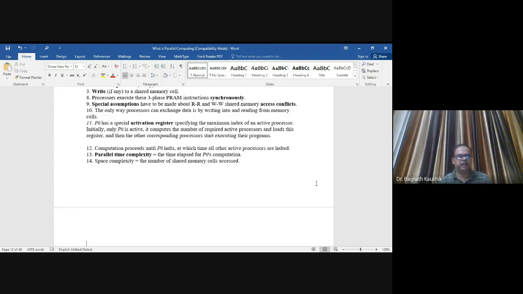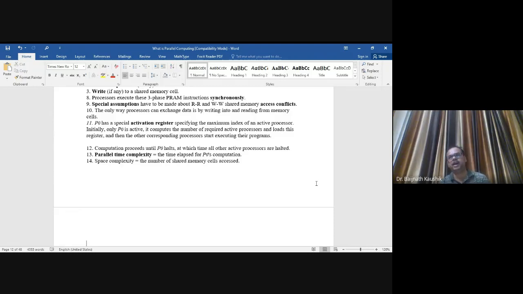And in order to perform performance measure, in a parallel algorithm we also compute the parallel time complexity and space complexity. The parallel time complexity in the PRAM model is computed by how much time has elapsed for P0's computation.